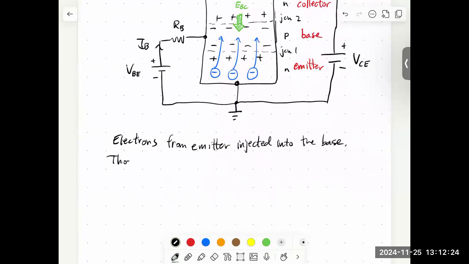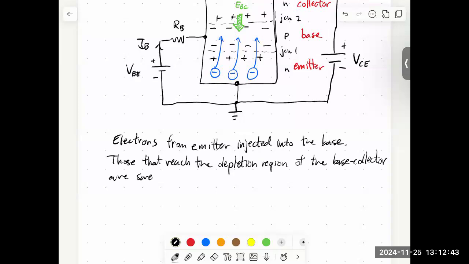And then those that reach the depletion region of the base collector are swept across the junction by this electric field that we call the base collector electric field.